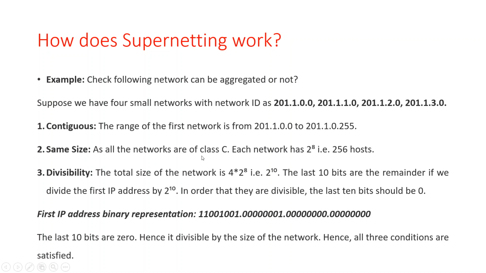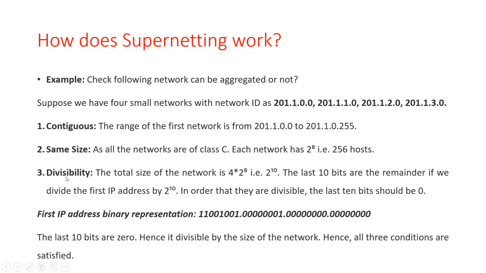The second rule is same size. All the networks are of class C. Each network has 2 raised to 8, that is 256 host IDs. So this given network is a class C network, and in class C we have 2 raised to 8, that is 256 hosts. So here the range is between 0 and 255.